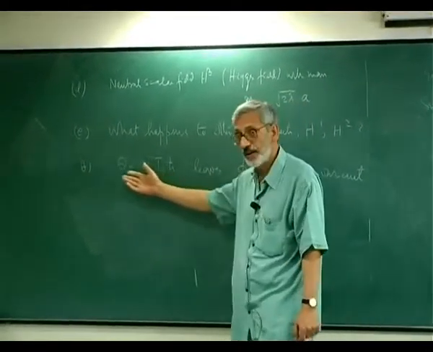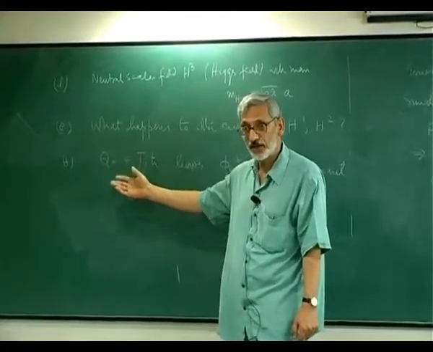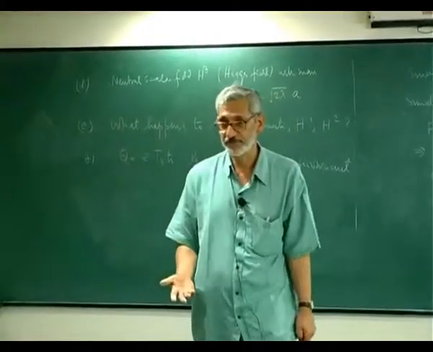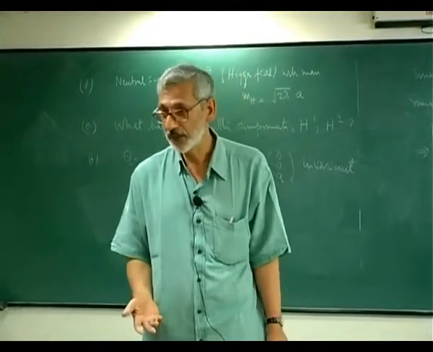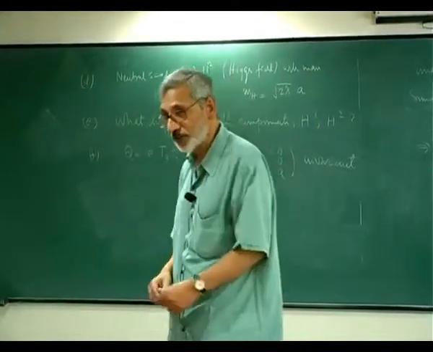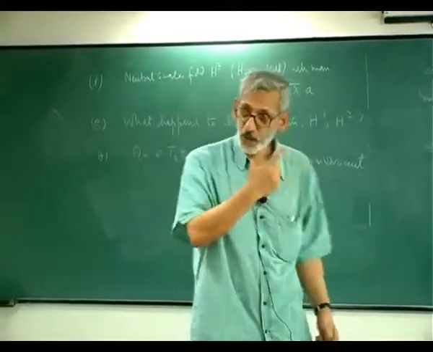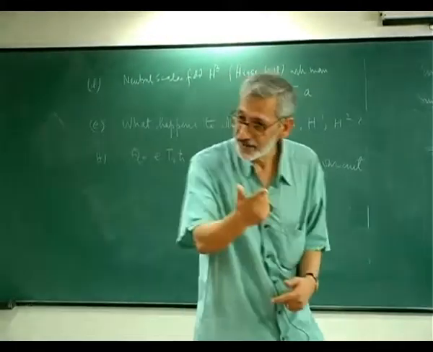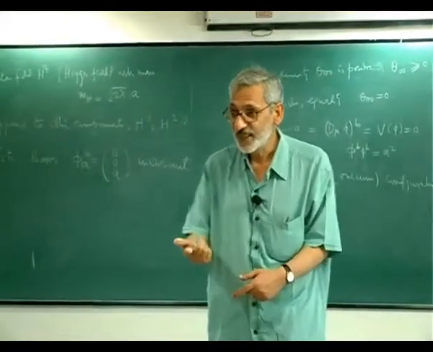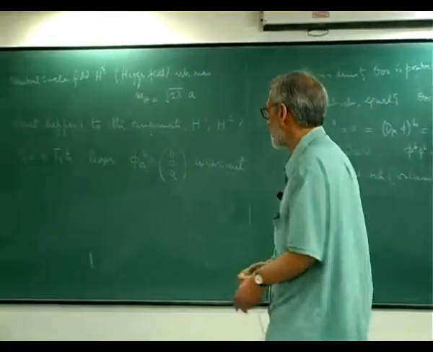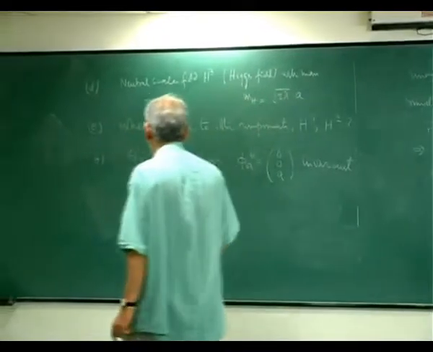That's the reason I gave it the name Q, because this is the generator of the leftover U1 invariance. You remember the vacuum expectation value was in the 3 direction, they were all in the 3 direction. So this is the generator of U1 transformation.